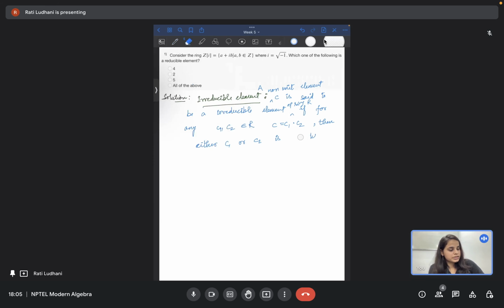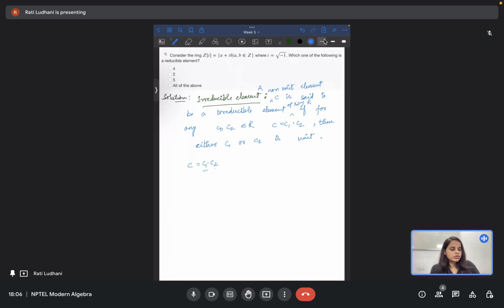Again I'm saying, not identity, a unit element. So basically if there exist some c1 and c2 in R such that c is equal to c1 into c2, then one of them has to be a unit element. So you cannot write it in the form of a product of two non-unit elements.